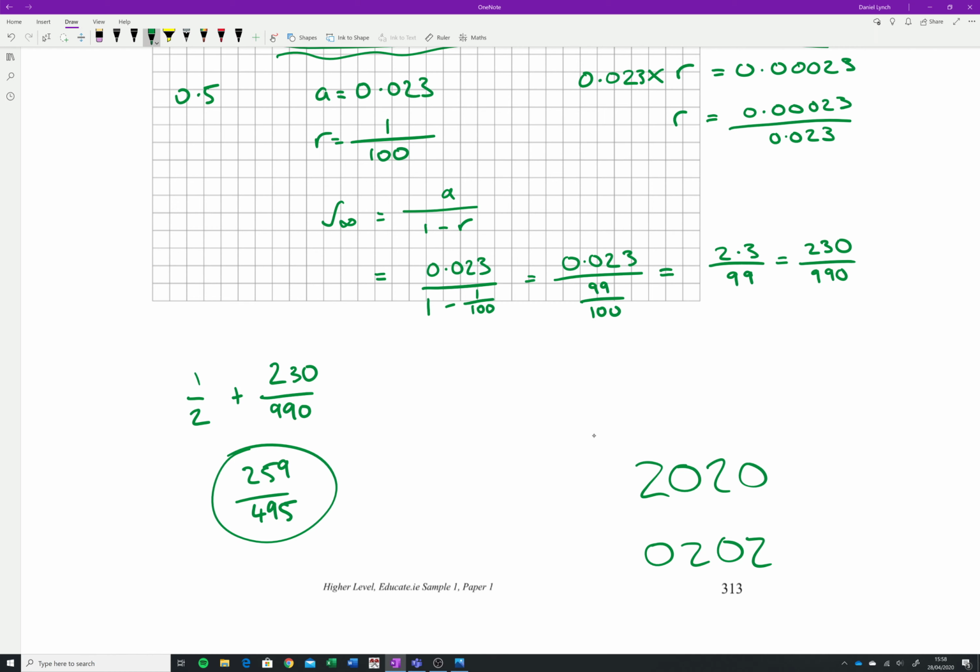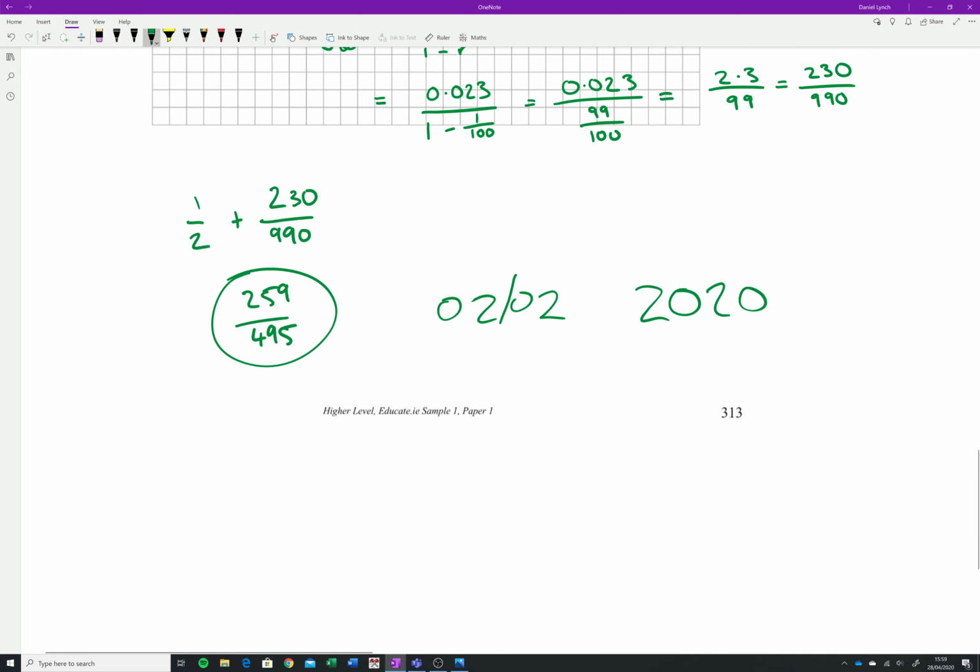But they could of course do something like the 2nd of February 2020, a nice palindrome that works in Europe as well as the US. So some sort of thing on palindromes could well come up.